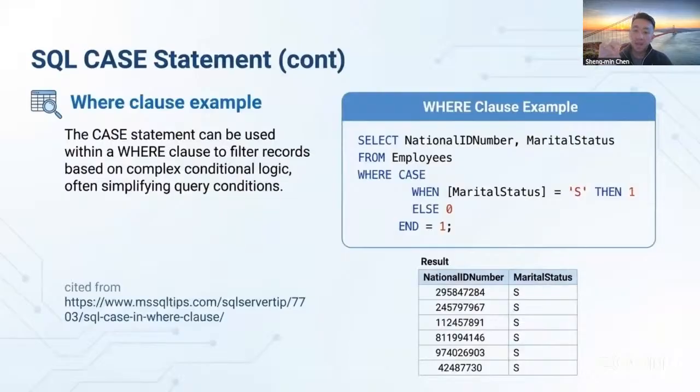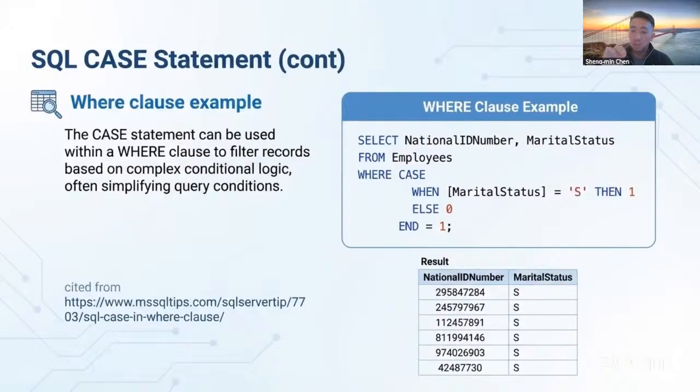That means that the value here is essentially within the where clause, but comparing the value with 1, right? So that means that only when it's single, it's going to be evaluated to true in the where clause.